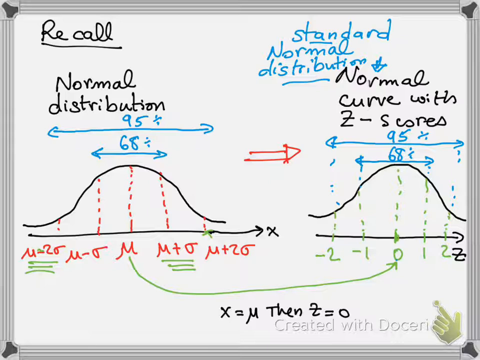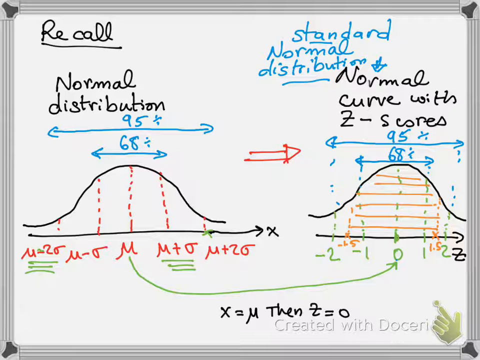Now the question is, if we have, let's say, 1.5, what would be the area between -1.5 and 1.5?